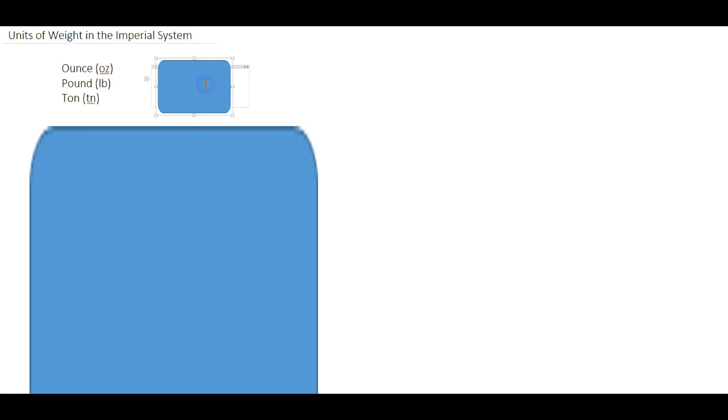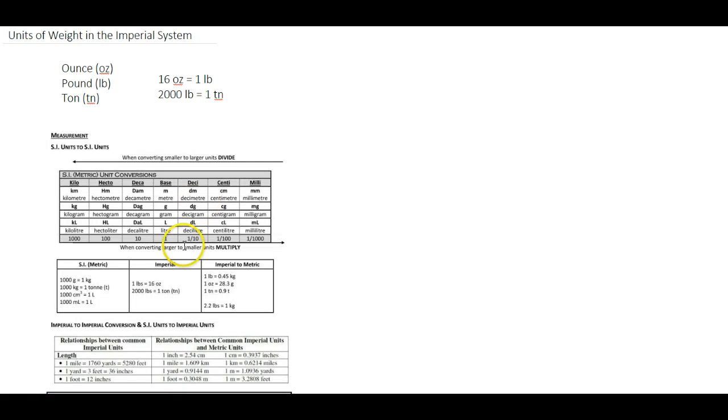And their relationship to each other is that we have 16 ounces in 1 pound and 2,000 pounds in 1 ton. And that information sits on your formula sheet right here. Just give me a second, right in here. So this is the front page of your formula sheet, and so those relationships are sitting right there for you.